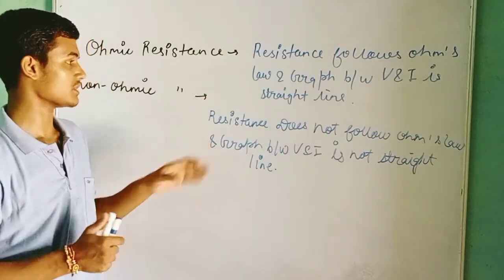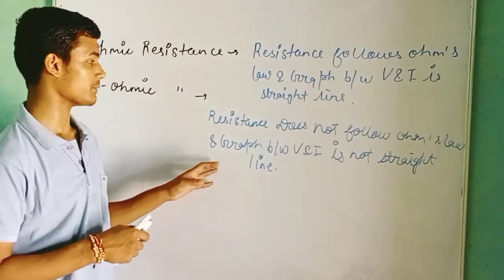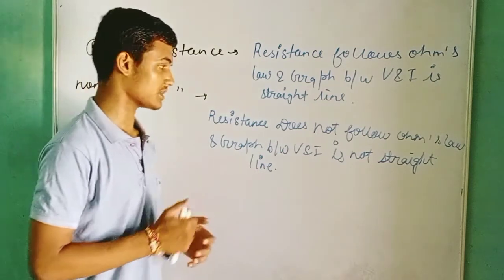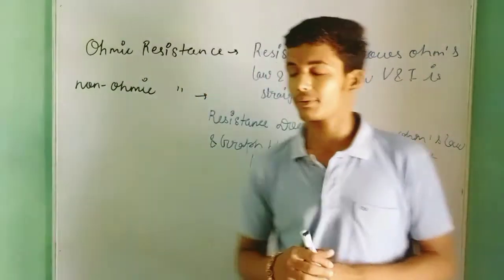Second one is resistance that does not follow Ohm's law and the graph between V and I is not a straight line. So that's our first two topics.